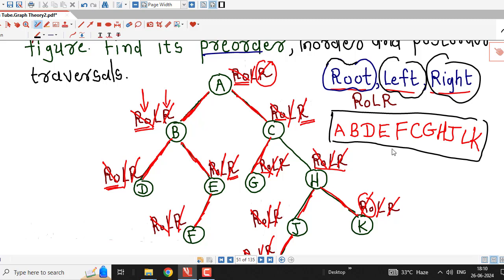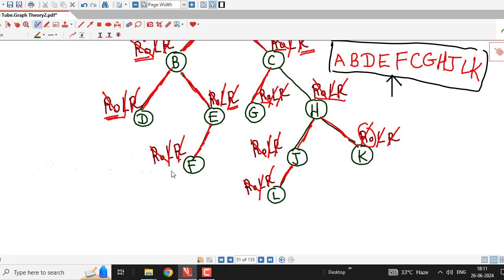And before traversing we can write this root left right for every node, so that we don't have any mistakes in writing the pre-order traversal. Okay, fine. So this is my pre-order traversal, and let me write it here.